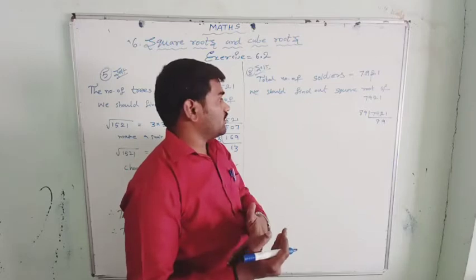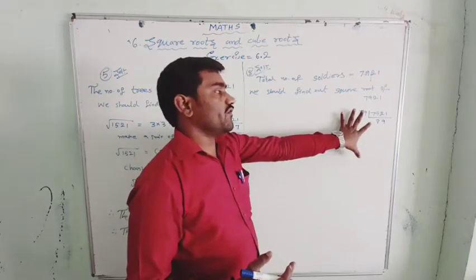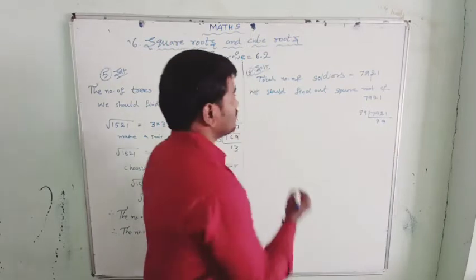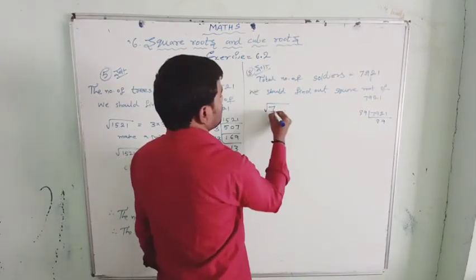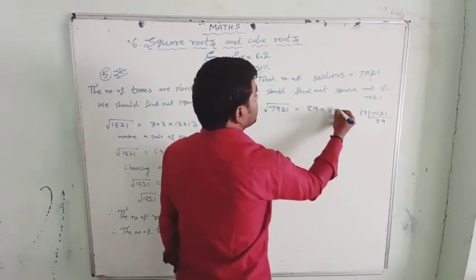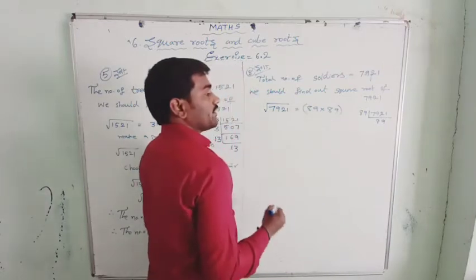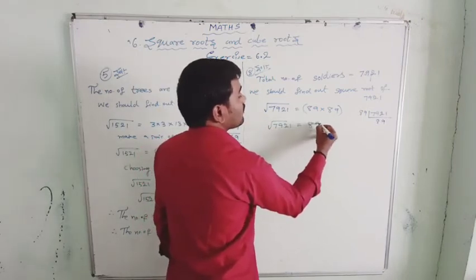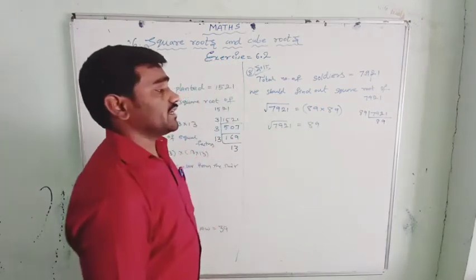If you have seen that video, you will be very quick to identify which number is possible here. So the perfect square root of 7,921 is equal to 89 into 89. No need to make a pair, it is already a pair. We choose that, so the square root of 7,921 is only one number, that is 89.